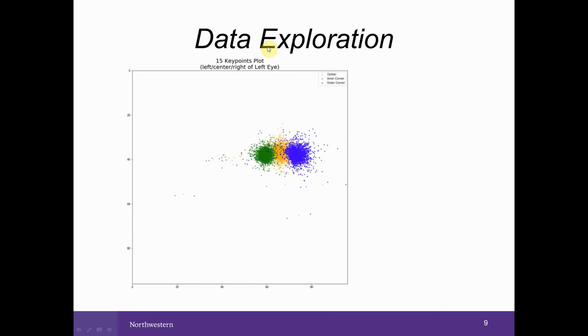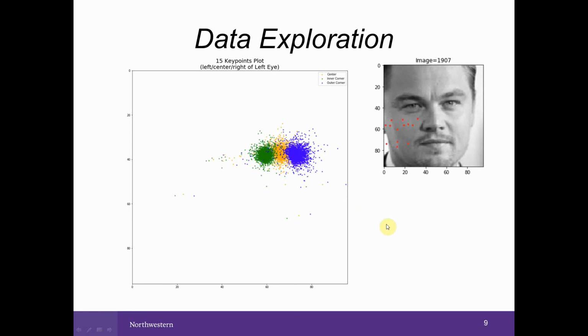Now, if we go to the 15 key point groups, here's the left eye, center, inner, and outer corner. The general relationship looks pretty much how it should be. There's some data that's like, say, way over here. Pulled out that image, and obviously the info is present here, but it's located improperly, so that's why this one looks off and odd.